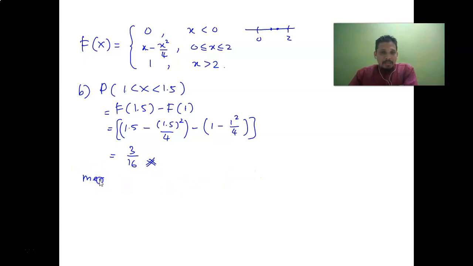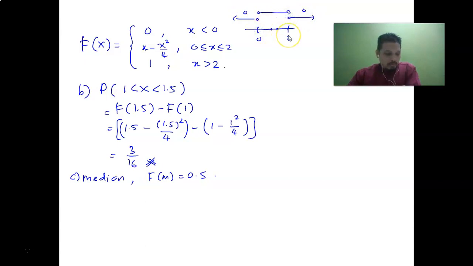And median, for question C, the median m, which is F(m) equal to 0.5. Since there is no function here, the function equal to 0, and there's no function here equal to 0, the only function is in between 0 until 2.